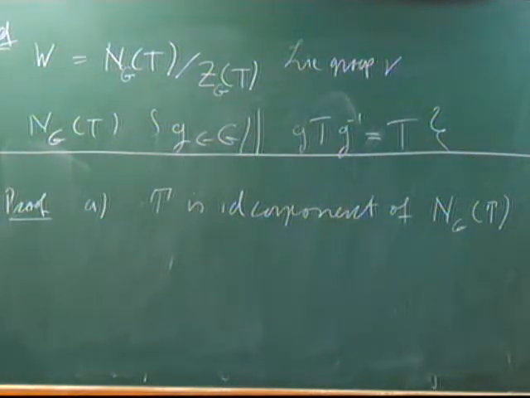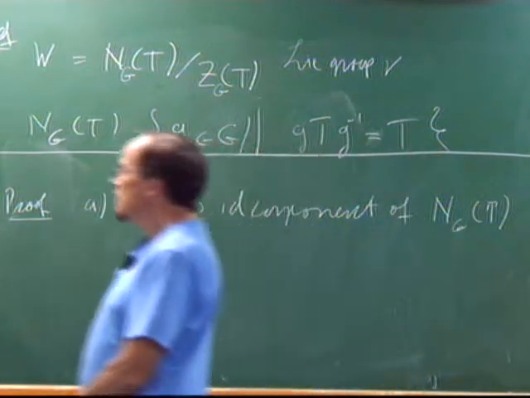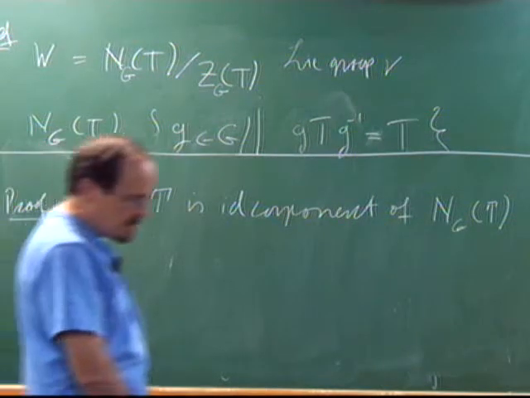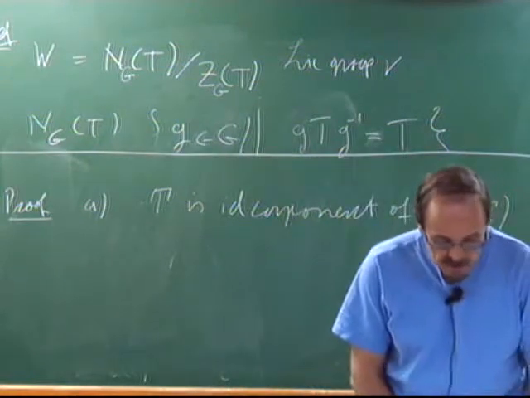The group is compact, so there are only finitely many components. So if I can show that, then the Weyl group is finite. I claim that follows from our lemma. Let's see. Let's go again.